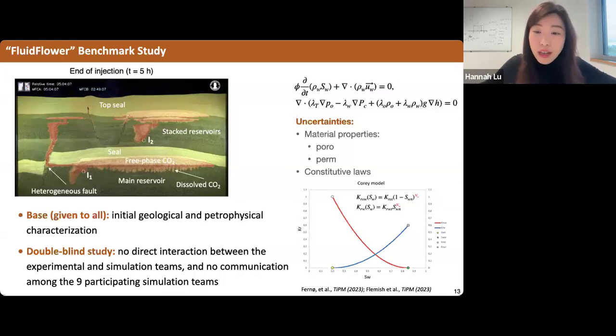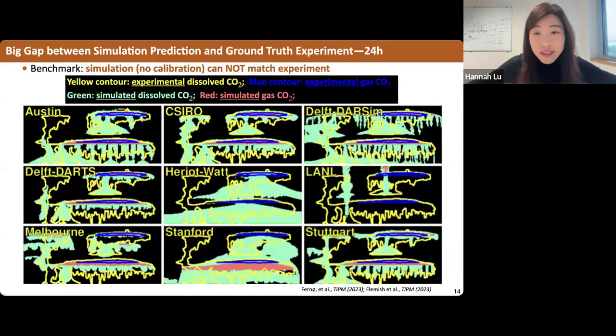Most of the teams are using the Corey type model, which has these uncertain parameters in the exponent. And you can imagine how sensitive it will be to the system with a crazy exponent here. And for different simulation teams, they have also different numerical choices, such as the mesh size, the convergence threshold, these kind of things.